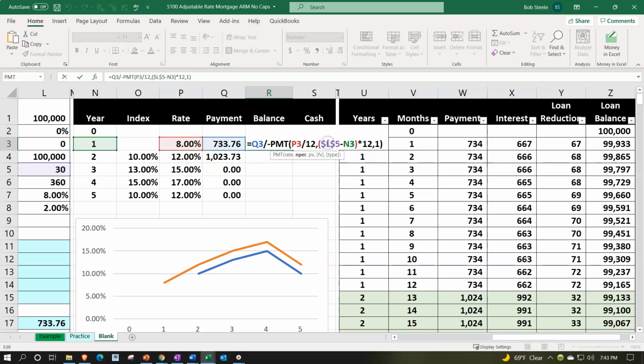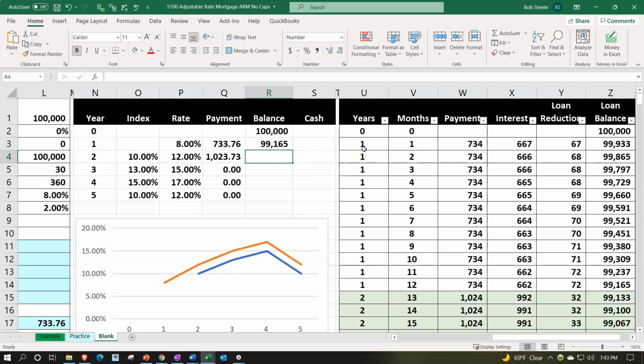Divided by 12. L5, that's the one that's outside. 30. I don't want it to move down when I copy it down. That's why there's an absolute reference. Minus N3, that one we do want to move down as we go, times 12, comma 1. Looks good. Let's put our cursor back on it and use the fill handle, dragging it down. And we should once again get our calculations for those payments. So there we have it.